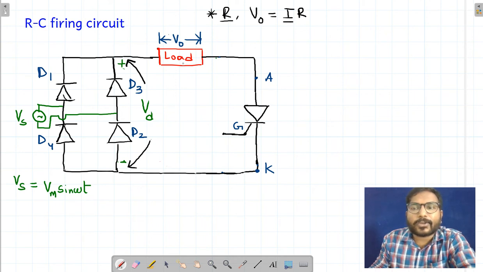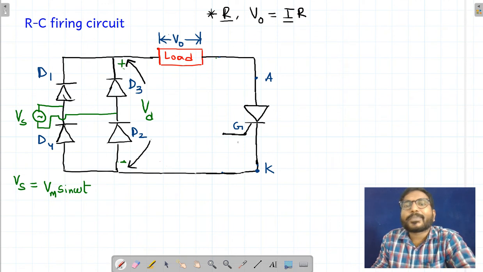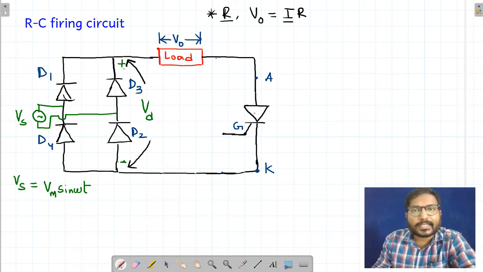with the load. Coming to the second point, a very important point, we must concentrate on how to turn on the SCR, that is, the turn on method. In this, we are concentrating on the RC firing or RC triggering circuit to turn on the SCR.